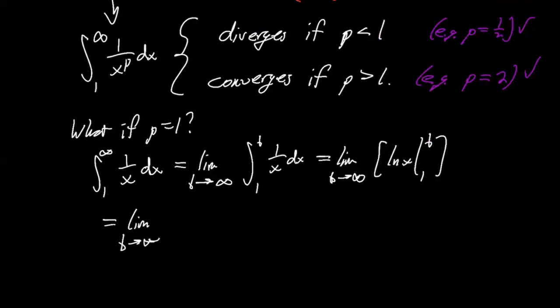If we plug in b and we plug in 1, well, the natural log of 1 is actually 0, so it doesn't matter. But what about natural log of b as b goes to infinity? Well, do you know what natural log does as the input gets large?